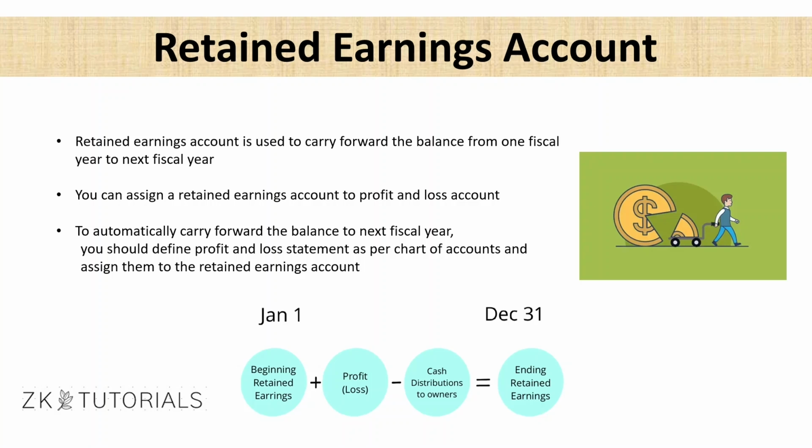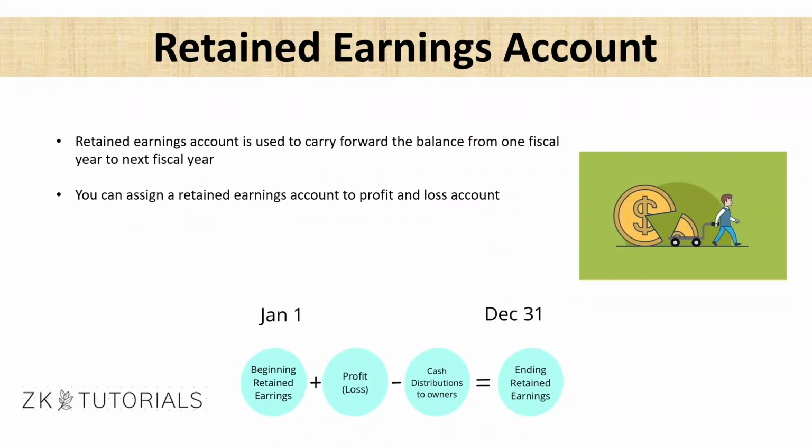Plus, whether in this year we have earned profit or incurred loss, that balance will be added to or subtracted from beginning retained earnings account balance, and minus cash distributions to owners. From the profit which we have earned in the current year, we need to distribute some of the profit to the owner, and the balance will be ending retained earnings balance.